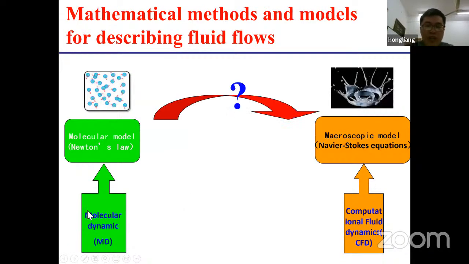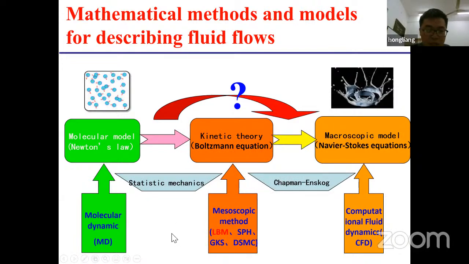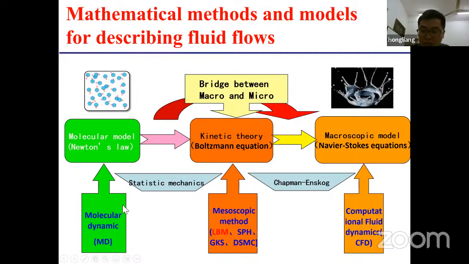Now we can see the mathematical methods and models for describing fluid flows at three different scales. The first one is the molecular scale, with the molecular dynamics method. The second is the macro scale, where the equation is the Navier-Stokes equations, and the numerical method developed is CFD.